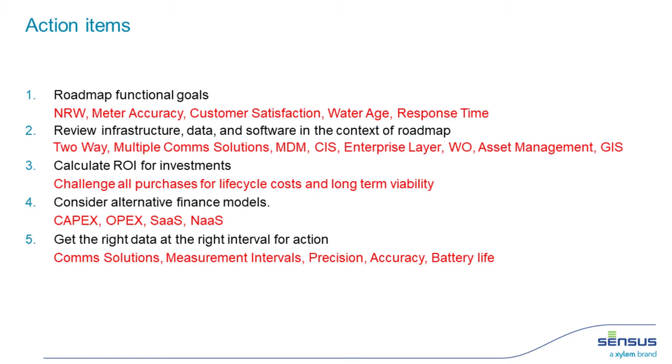Sometimes you have to take more of a functional benefit perspective. And then consider alternative finance models. Vendors are getting a lot more creative these days about how they are offering solutions, and so there's more than one way to get what you need. And of course, like I stressed before, it's all about the right tool for the right job.